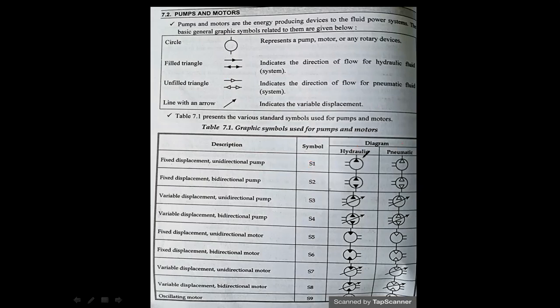In the hydraulic symbol, you can see the round circle, which represents a pump or a motor. To differentiate a pump from a motor: if the circle has two lines on the left hand side, you can indicate that as a pump.